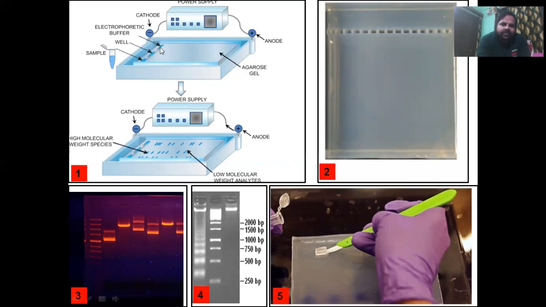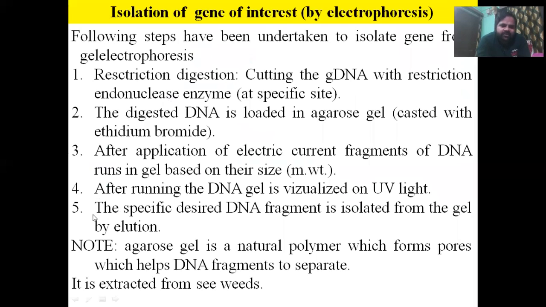Then what happens? The loaded DNA will start moving towards the anode, because as I said, the DNA is negatively charged, so it will move towards the anode, meaning the positively charged electrode. Then we can see here the details of this gel.